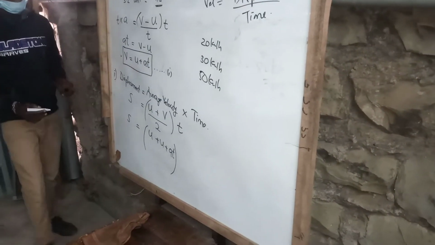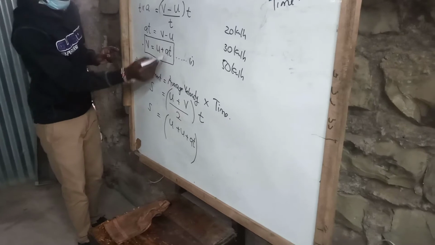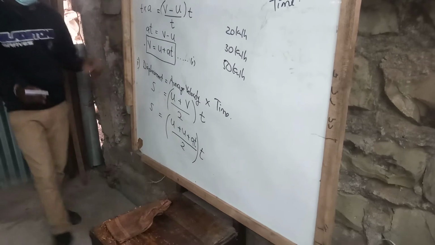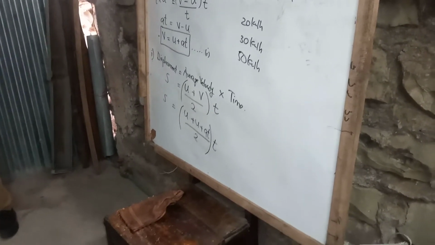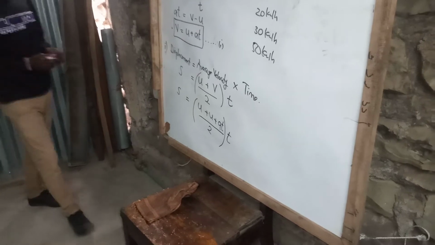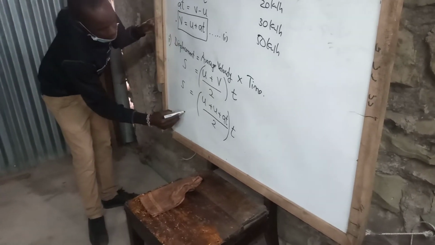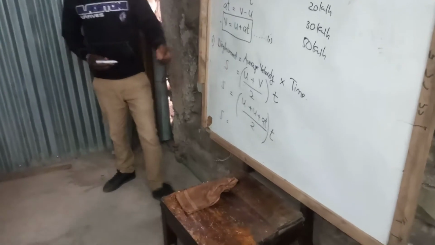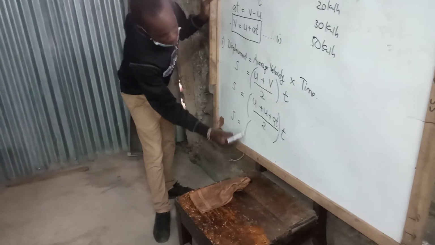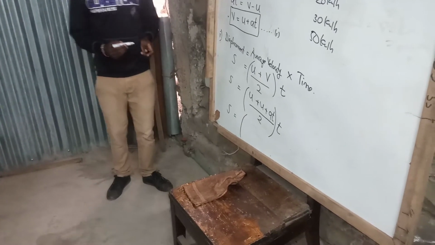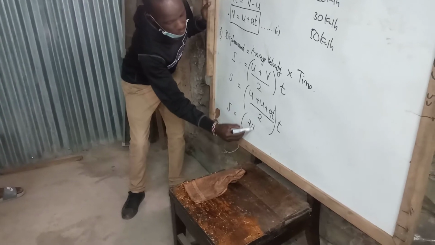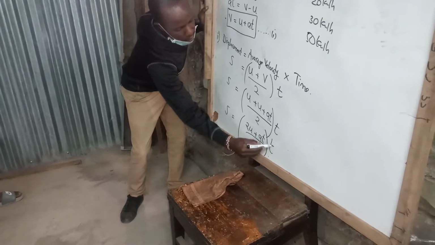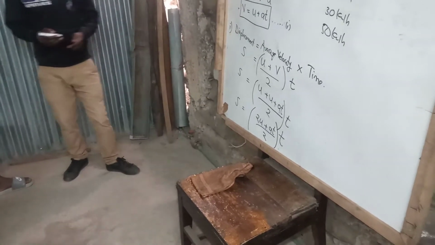So it's just a simple substitution of final velocity with its equivalent from the first equation. So that's what we have, u plus at divided by 2 times t. Then basically what we want to do is find out if you have like terms and collect them. What are the like terms? u plus u is 2u, plus at, divided by 2, and then you multiply that by t.